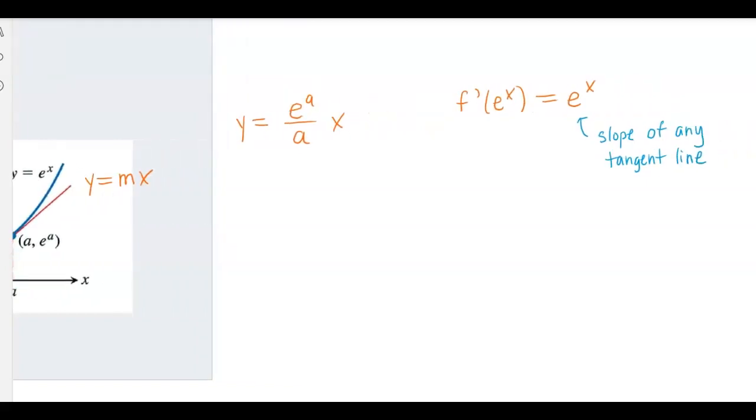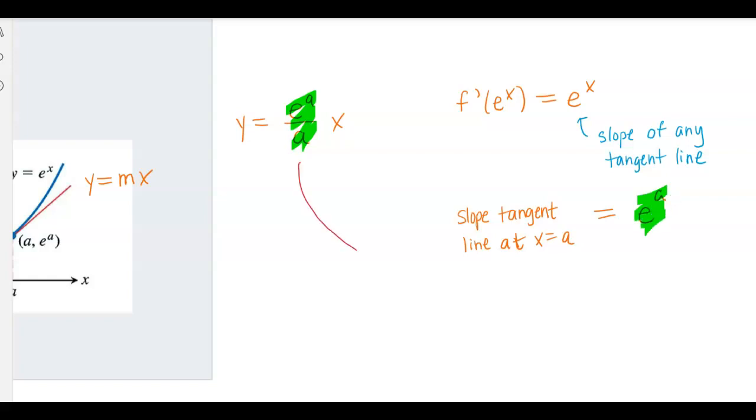So in this case, we're going to say, all right, well, the slope of a tangent line at x equals a is going to be e to the a. Well, we just said the slope was this, and now we're saying the slope has to be this. So for these two to be equal to each other, a has to be equal to 1.